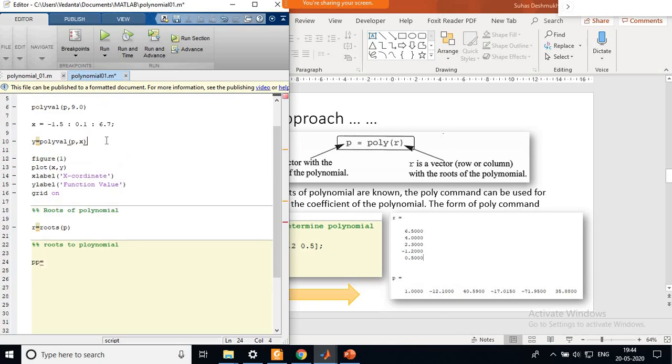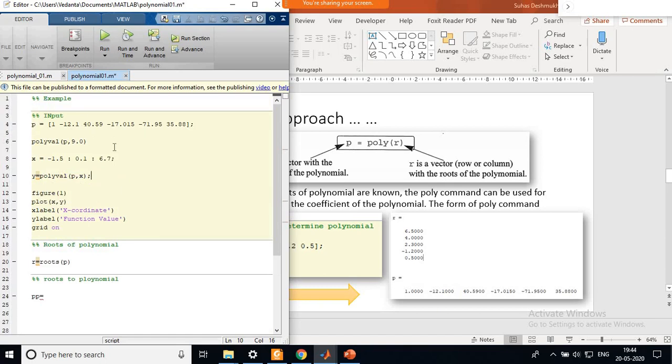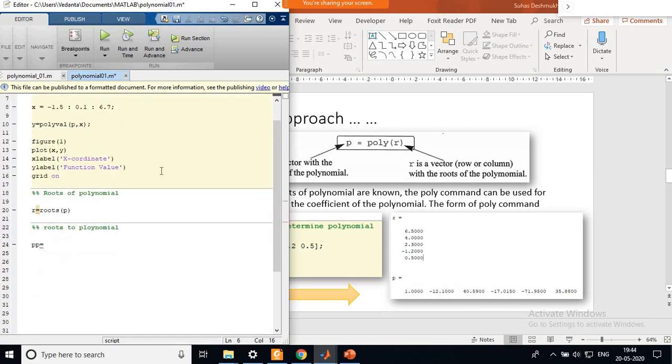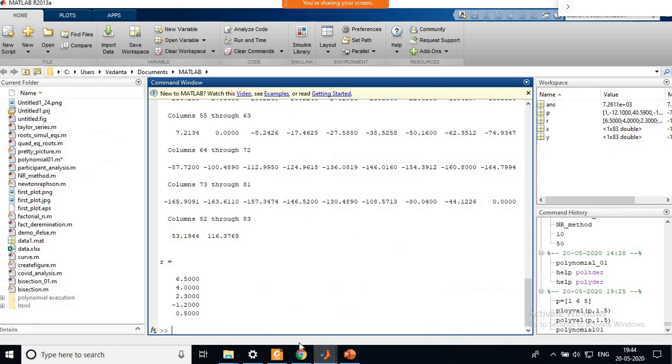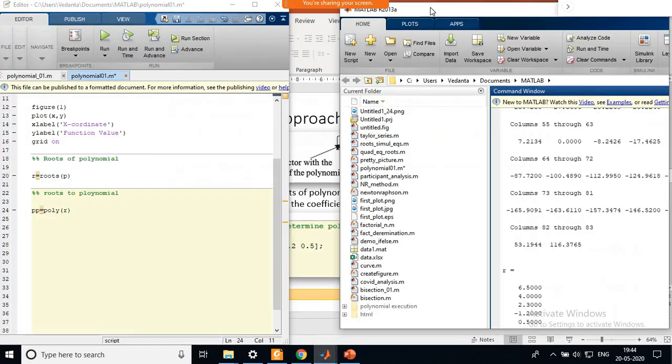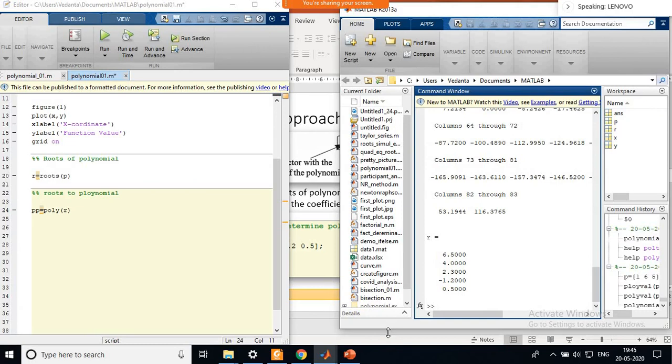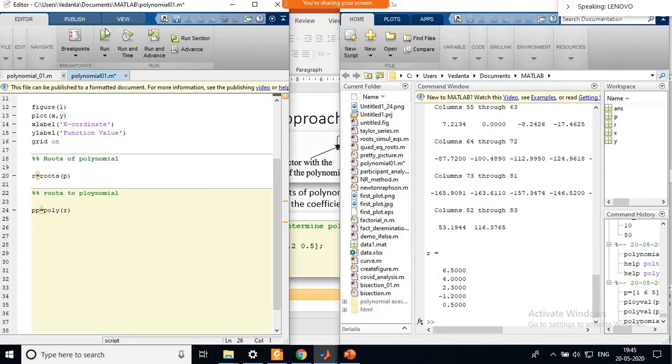PP as the polynomial which we are going to construct. I will first of all suppress the output wherever it is possible. Then I will say it is poly. I will supply the same roots into this and we'll see whether we get the same coefficients of the polynomial or not. Then I will keep this window here and run it.